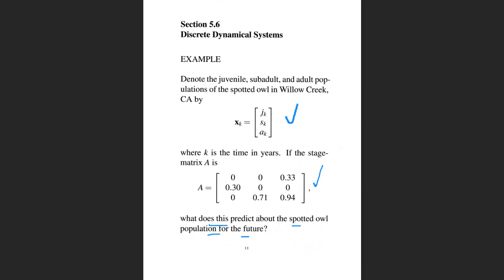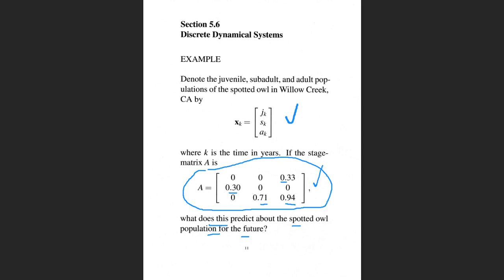So one thing that would be helpful is to be able to interpret these numbers in this matrix A. It would be nice to have a feel for what these numbers mean. On the next page, I'm going to show you that.